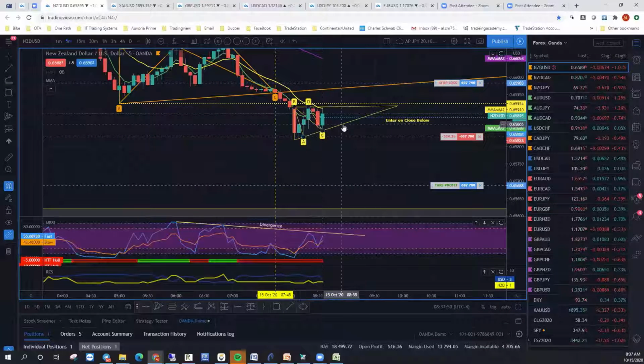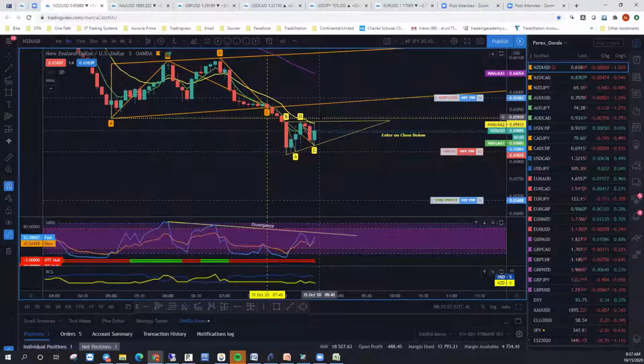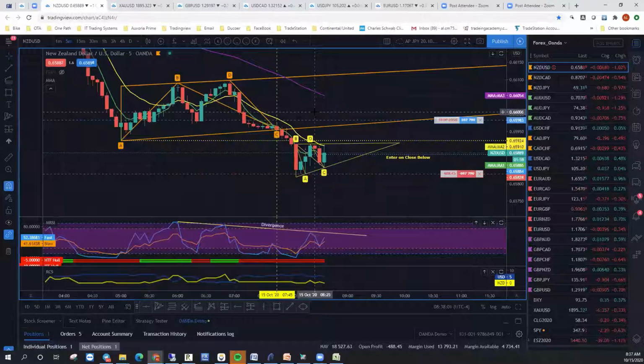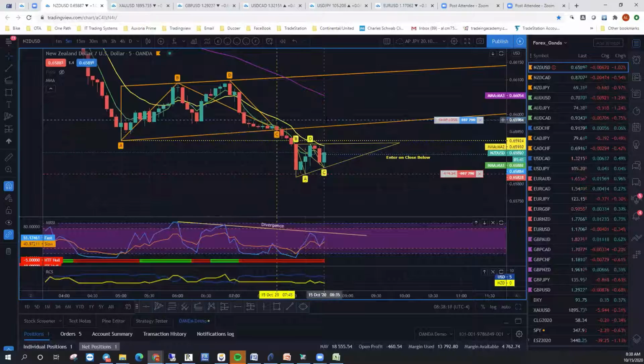The flat top, we have the curve on the bottom. And so this A is still holding. This whole area right in here is still holding. And if it breaks the bottom of this wedge, it's probably going to be looking at this 62 right here.